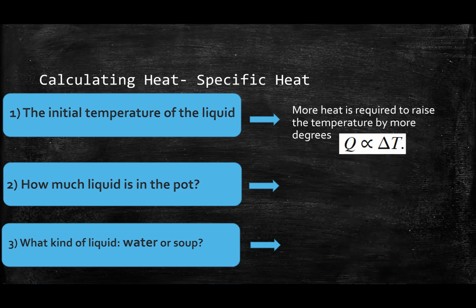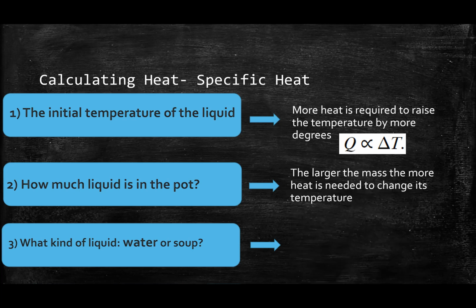So the heat, Q, is the symbol used to represent heat energy. Q, the heat energy, is proportional to the change in the temperature. The bigger the temperature change between where you start and where you want to end up, the more energy we will need.